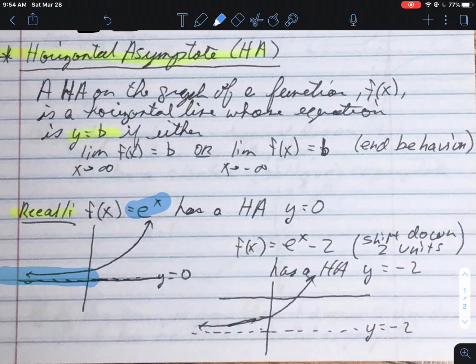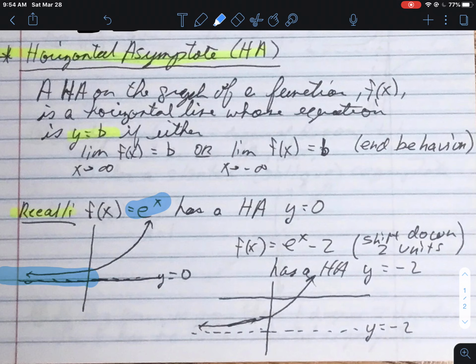Horizontal lines are y equals, vertical lines are x equals, so let's make sure we're not getting those wires crossed. This applies if either the limit as x approaches infinity of f of x or the limit as x approaches negative infinity of f of x is equal to some number b. In this case, b is 0 in the first example, and b is negative 2 in the second example.